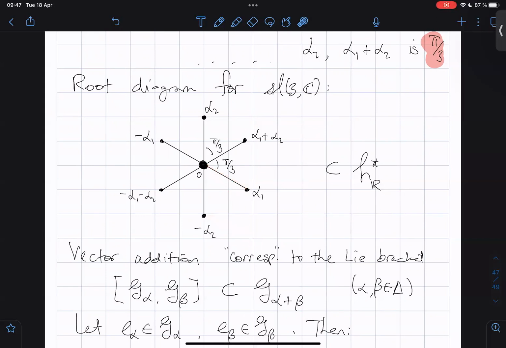It's not in the diagram, so it's not a root, and it's not 0. Therefore the corresponding root space, g alpha 1 minus alpha 2, is 0. So you do get some structural information about brackets just from this picture.